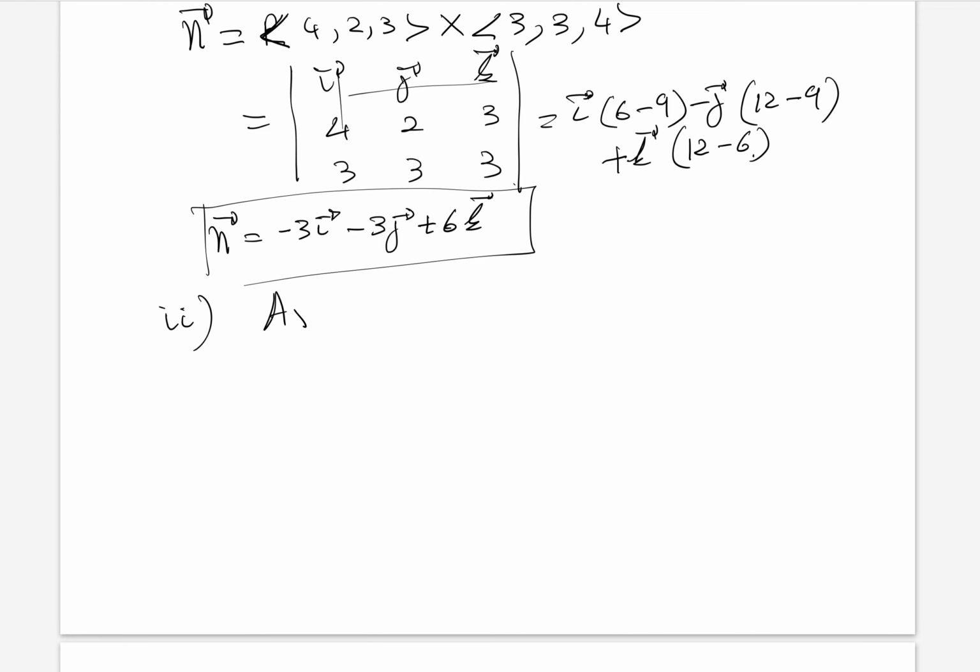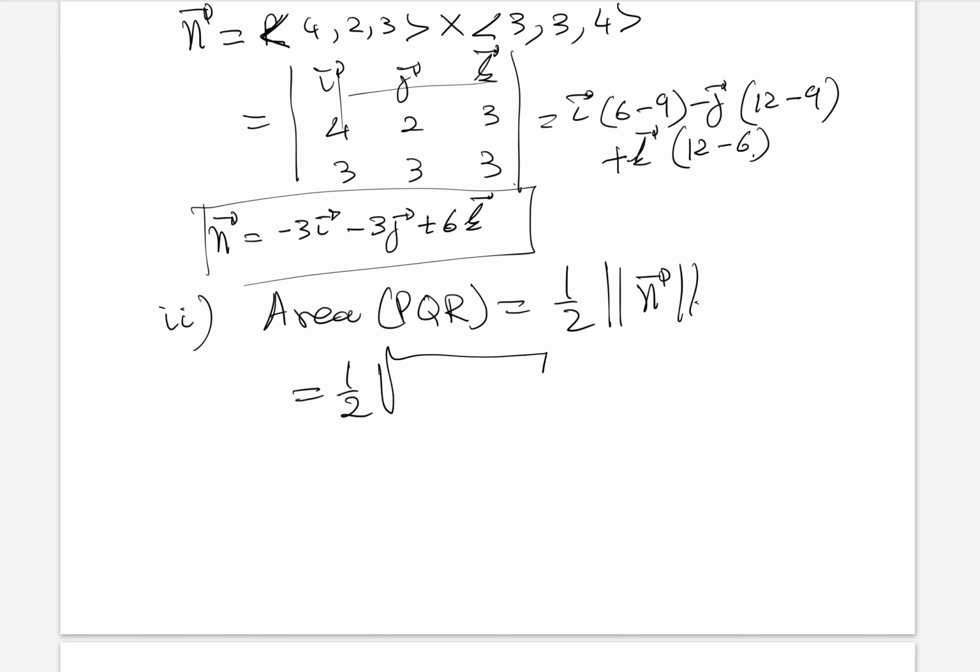So the area of the triangle PQR is equal to the same thing, 1/2 the norm of the normal vector. Okay, so you have the area: square root of negative 3 squared plus negative 3 squared plus 6 squared.